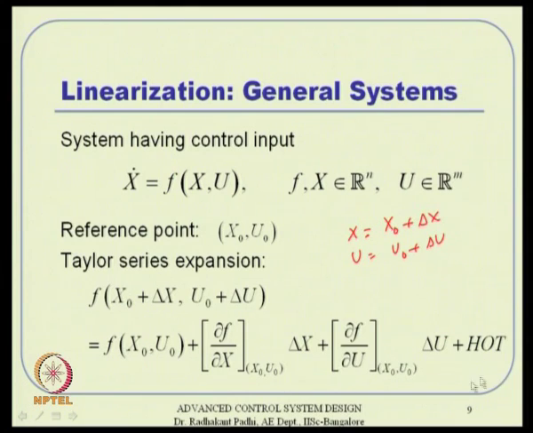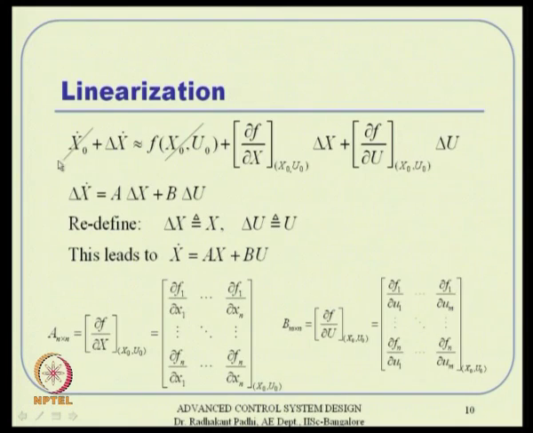So, we get some term like this. This entire thing, f of x 0 plus delta x comma u 0 plus delta u, we will expand it that way. Again the same trick, we will neglect the higher order terms. And again remember this pair is an operating point. So, that means this pair will exactly satisfy the differential equation, so x 0 dot is equal to f of x 0 u 0 anyway, that is what we will do here.